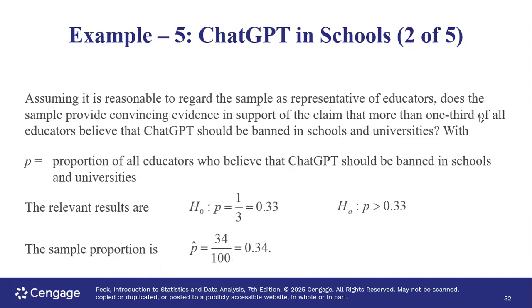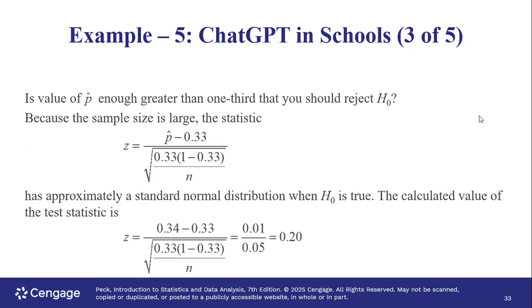Remember from the past slide, p hat is 34 over 100, the sample proportion of success. So in the numerator of the test statistic for z, we can put a left parenthesis in front of 0.34, which is the sample proportion.